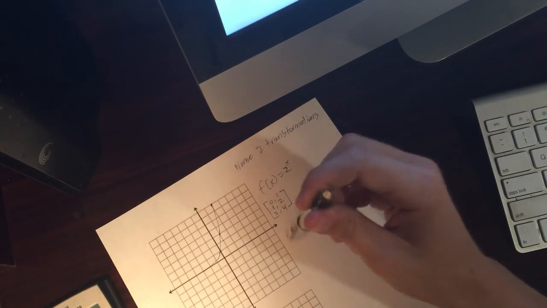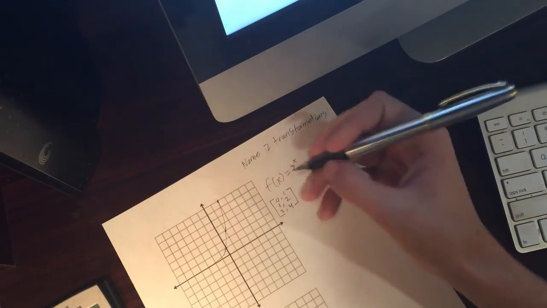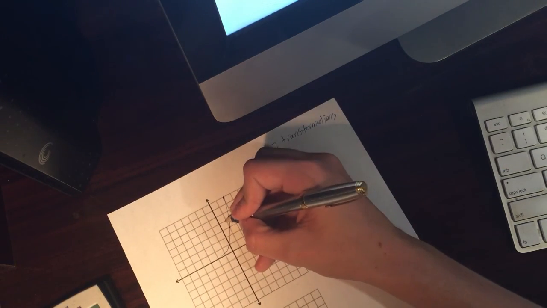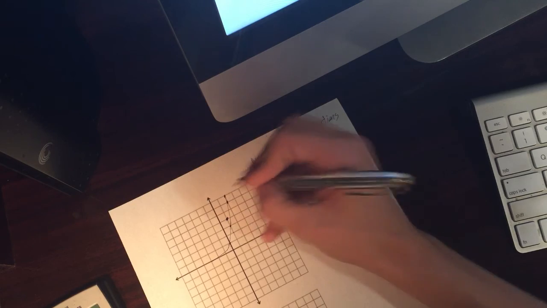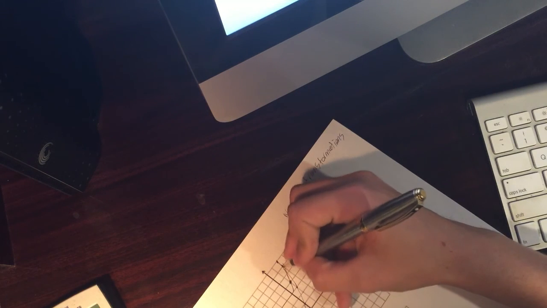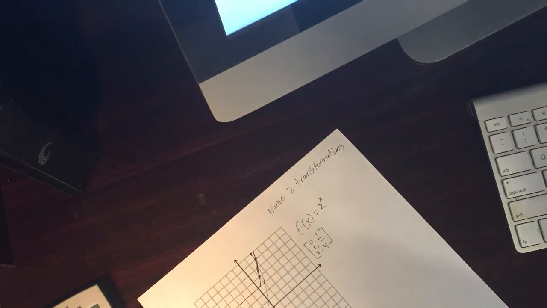But some of the things that you might have problems with is writing it down. So let's imagine that we're gonna put another graph right here, and then it goes up like so. All right.